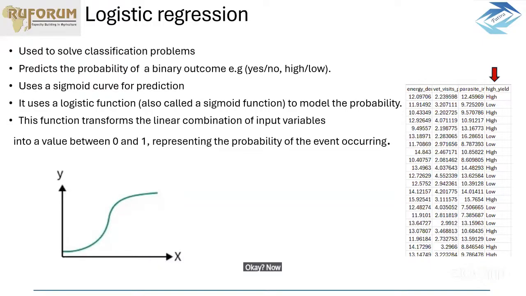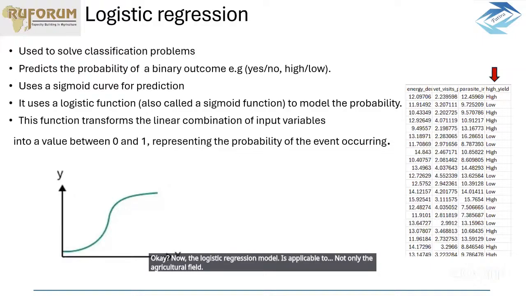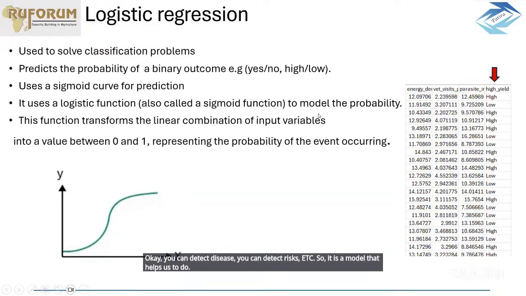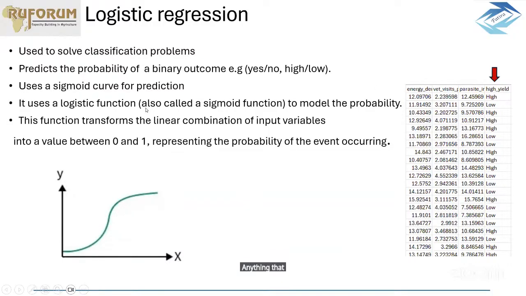Now, the logistic regression model is applicable not only to the agricultural field, it is also applicable in different sectors, in the health sector. You can use it in finance, you can detect fraud, okay? You can detect disease, you can detect risks, etc. So it is a model that helps us to do anything that requires classification.